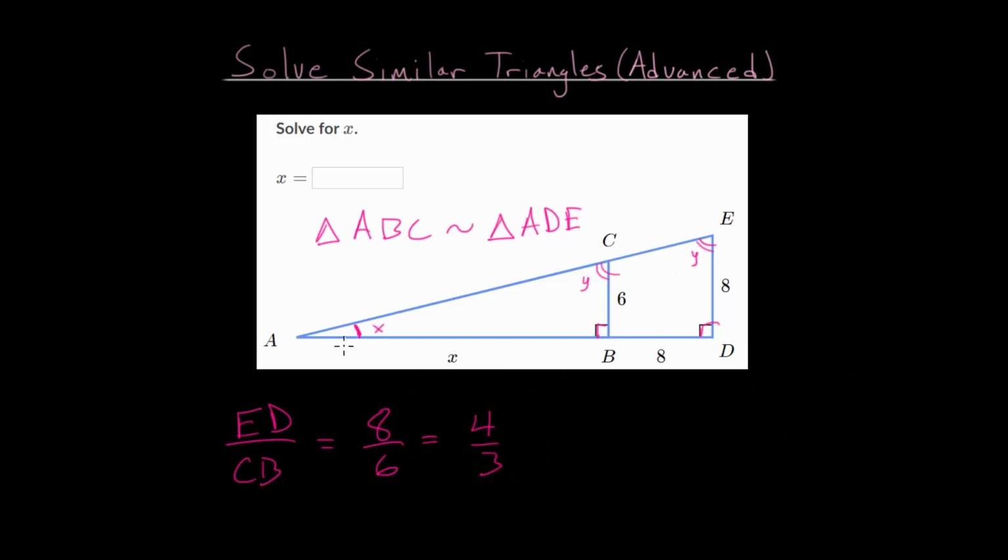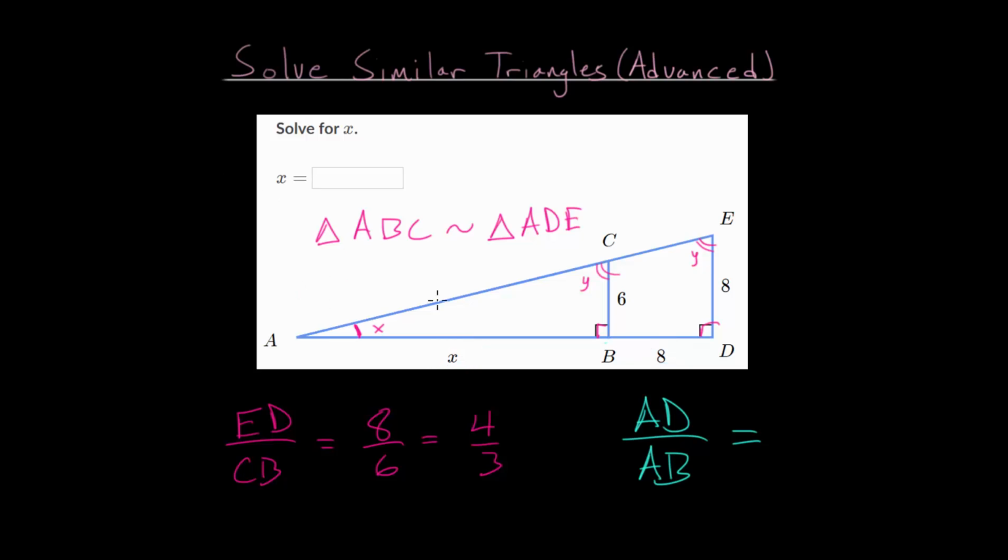Looking at the bigger side length on the bottom, that is AD, we will compare it to its corresponding side in the smaller of the two triangles, which is AB. This is where it gets a little bit tricky, since notice that AD is really composed of AB and BD. So we have this length here, x, and we also add on this length of 8.